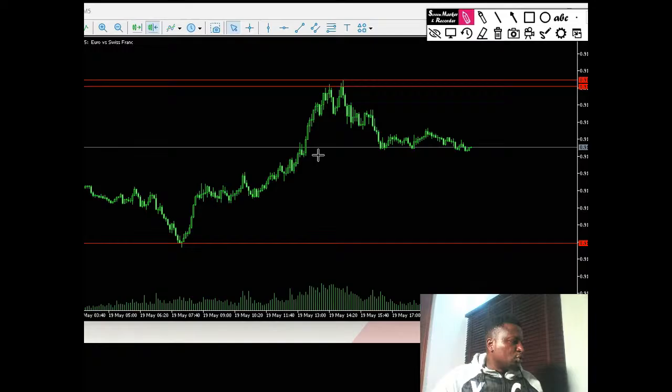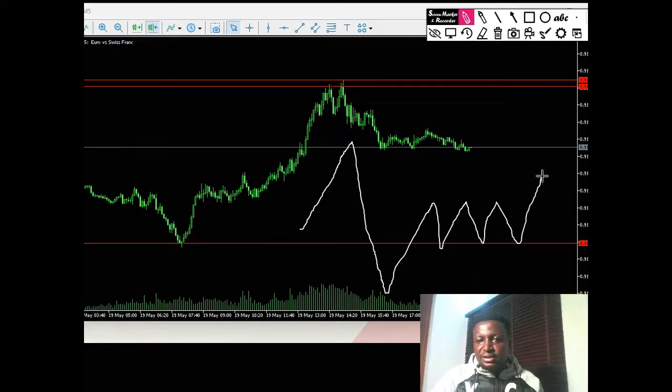When you see a chart, the number one thing you should map out, even before you start looking for your key levels, are your highs and your lows. The high is the highest point you have seen the market move, and the low is the lowest point. Like in this situation, here is the high, this is the low.